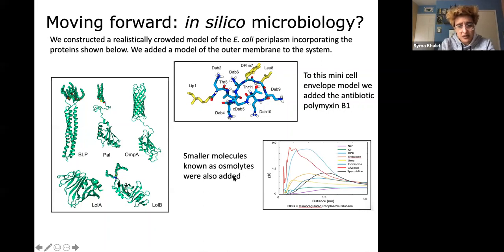There's these molecules known as osmolytes, where there's ions, there's these osmoregulated glucans, there's urea, putrescine, spermidine. There's basically a whole ton of these small molecules. So we took realistic mixtures of these small molecules and added them into the mix.